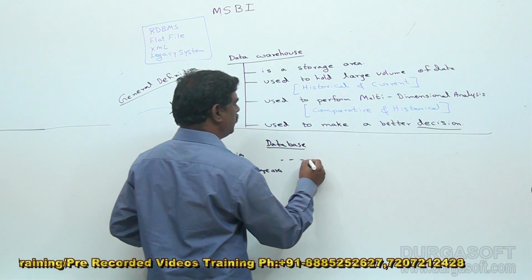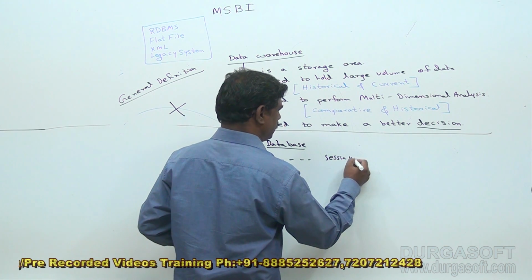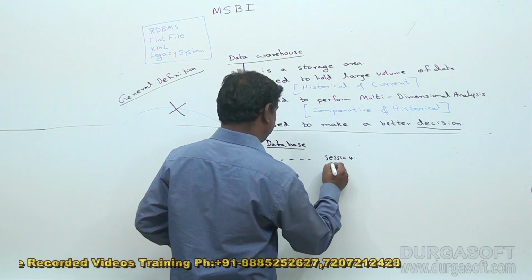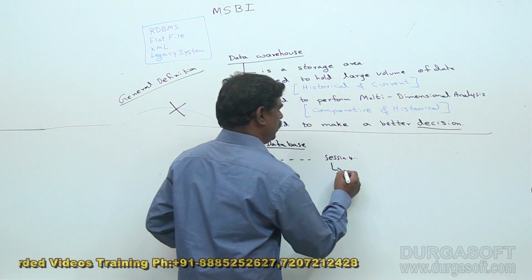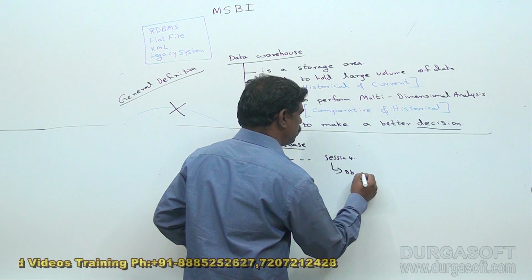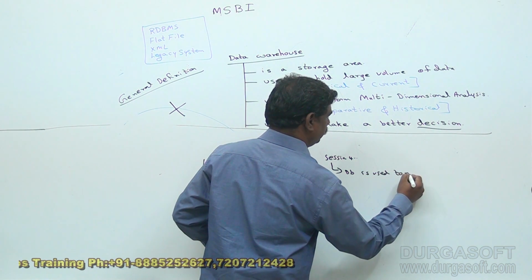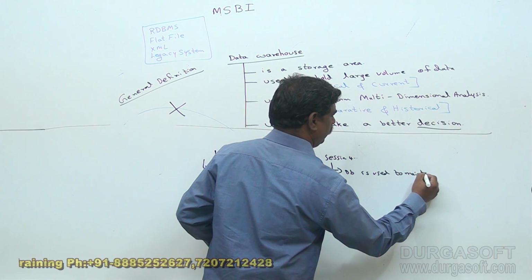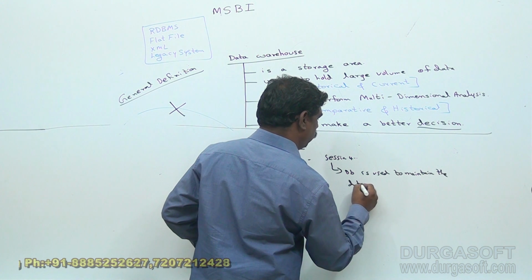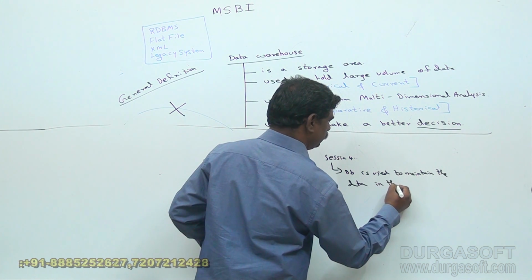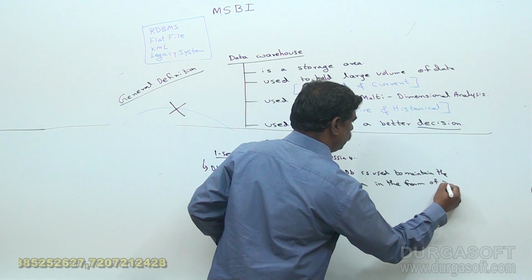But when it goes to session 4 or session 5, the definition changes to: a database is used to maintain the data in the form of rows and columns.